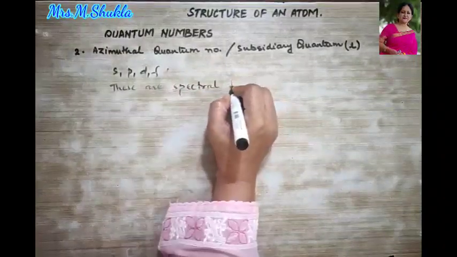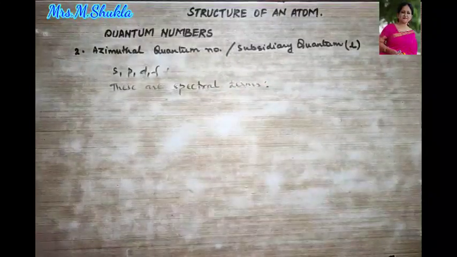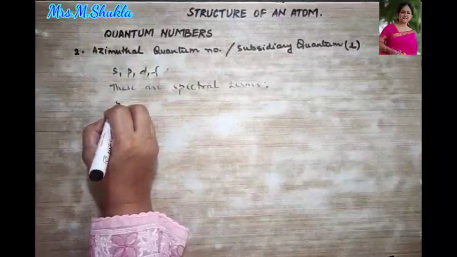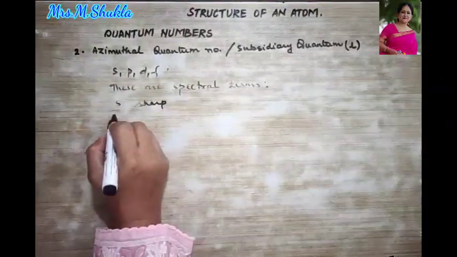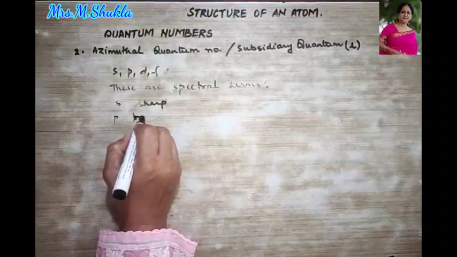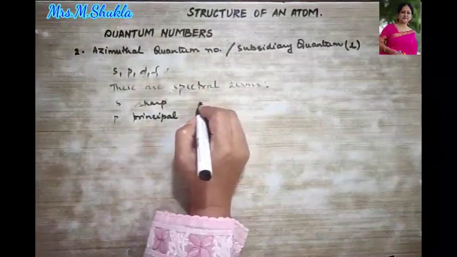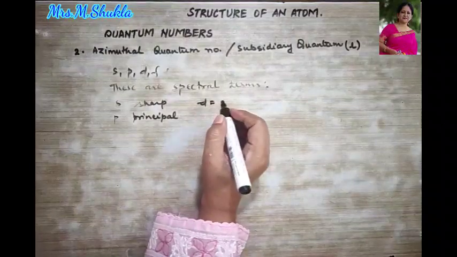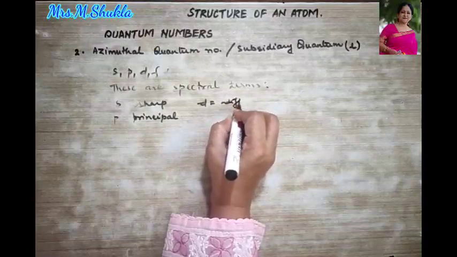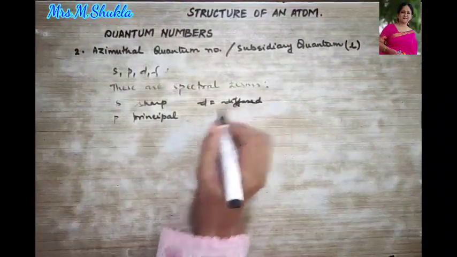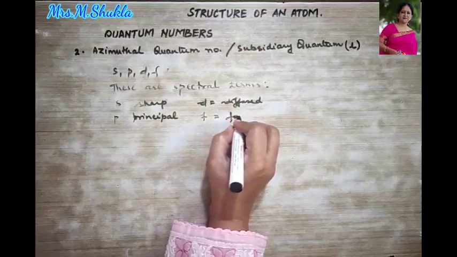For example, s signifies sharp, p signifies principal, d signifies diffused, and f means fundamental.